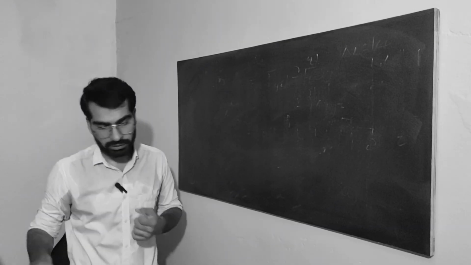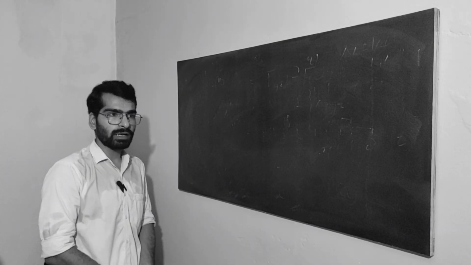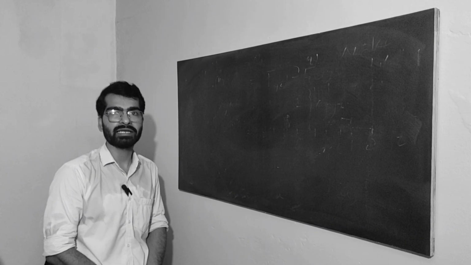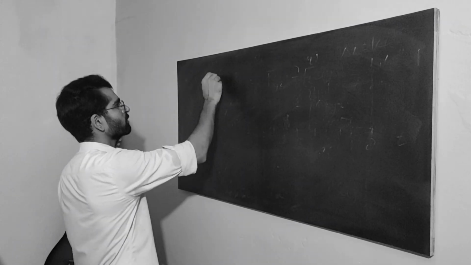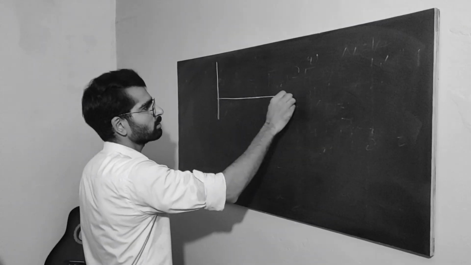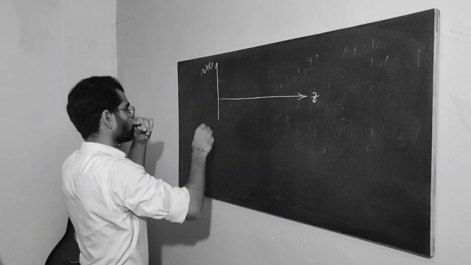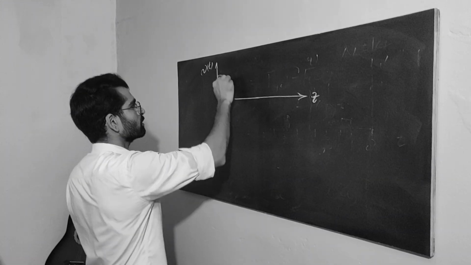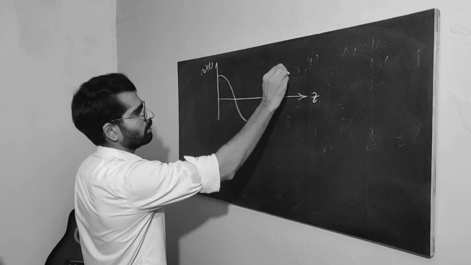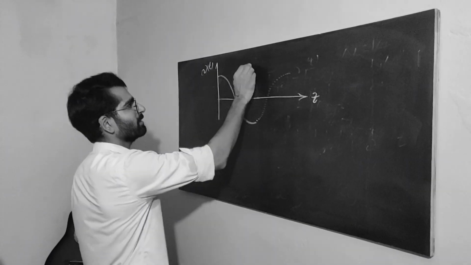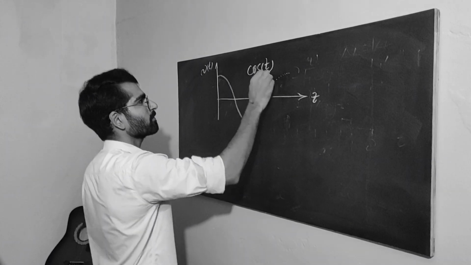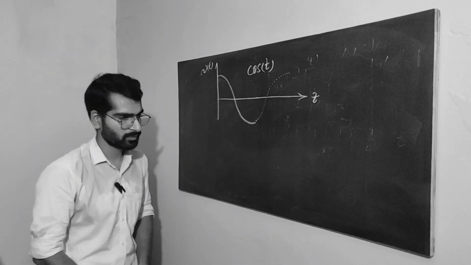Now, suppose that your velocity function had negative values. Let me give you this function. Still the velocity function, v of t, and it goes like this. And it is really the cosine of t. Most of you might know it.